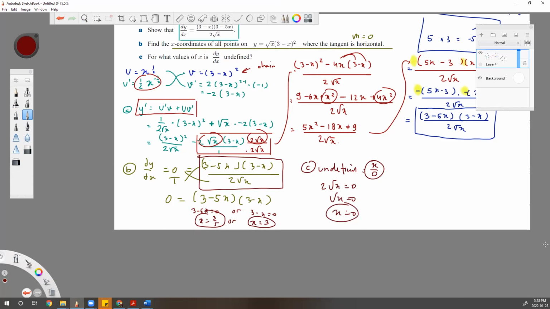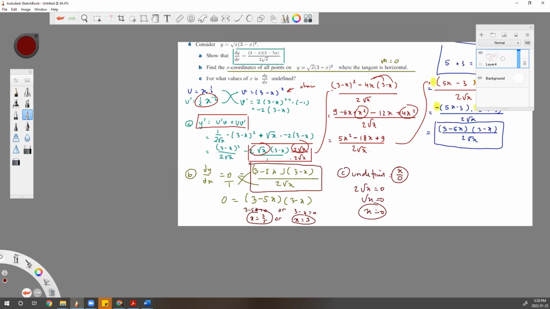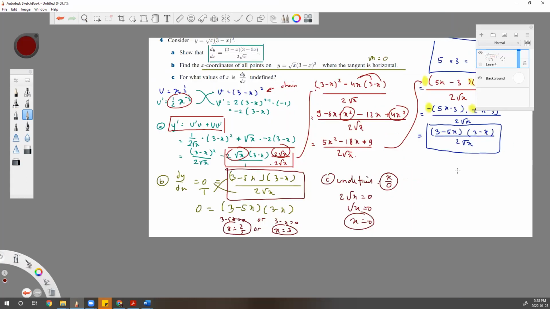So where x equals 0, the value of the gradient will be undefined because the tangent is vertical. Okay, this is a higher level question. By the way, it's a good question, and you need to understand the idea.